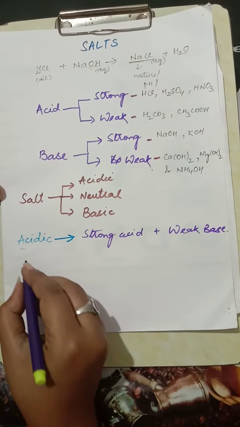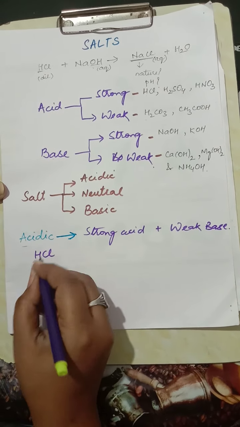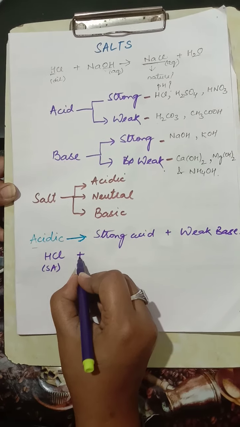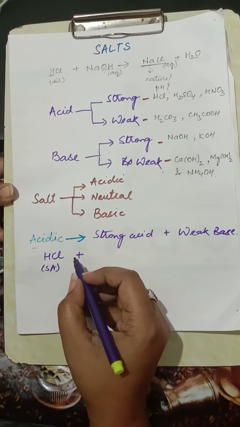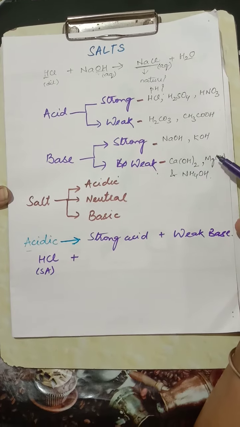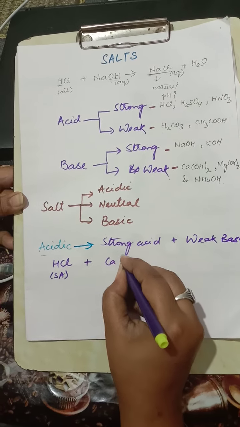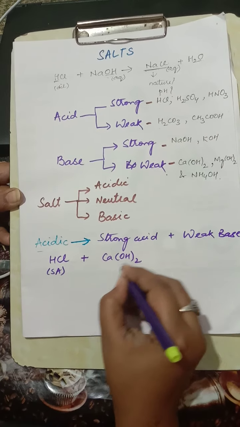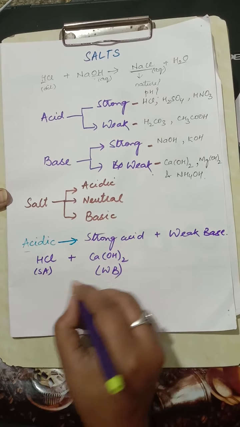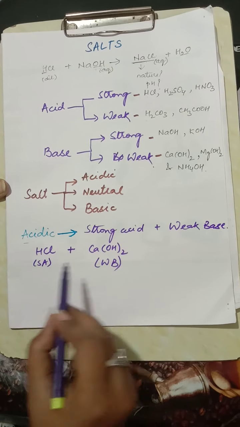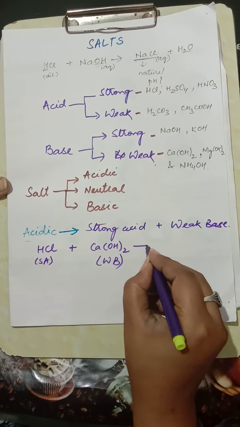Strong acid, for example, HCl. When this strong acid reacts with weak base, if I am taking, for example, calcium hydroxide, it is weak base, salt will be formed.